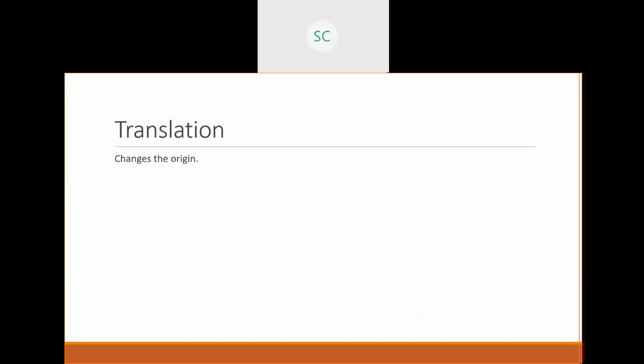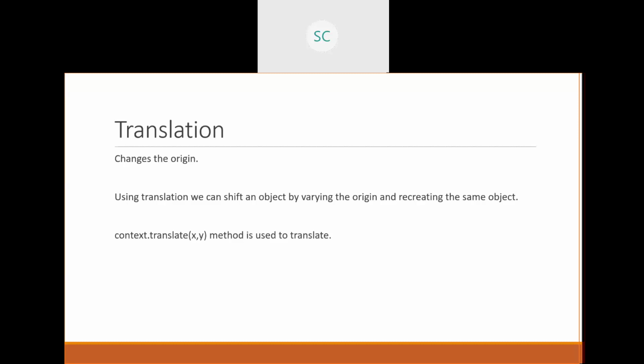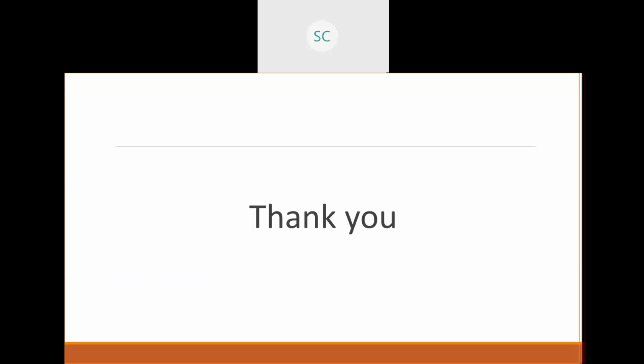Once we change the origin, the position of the object will change, and we redraw the same object after changing the origin. To create a translation, the context translate method is used. The examples we have already seen in the previous class.